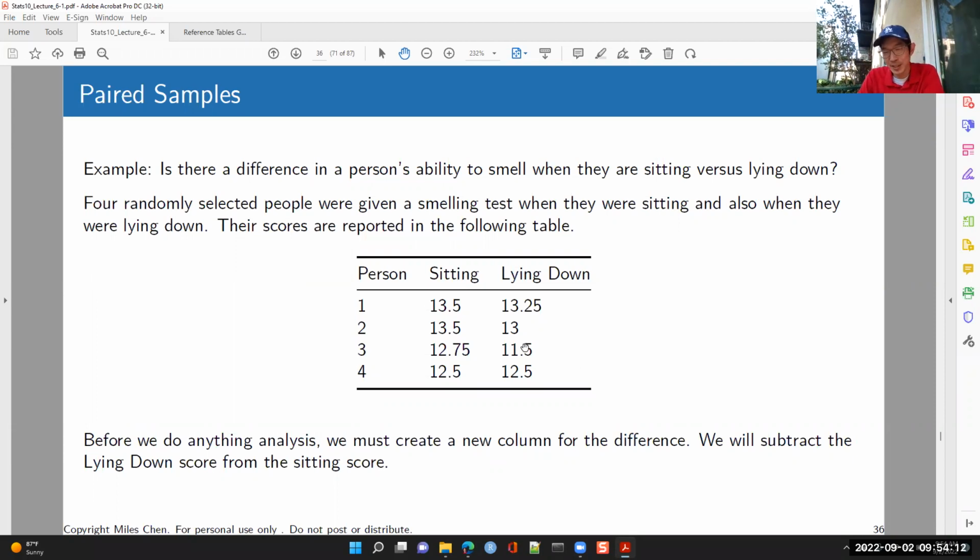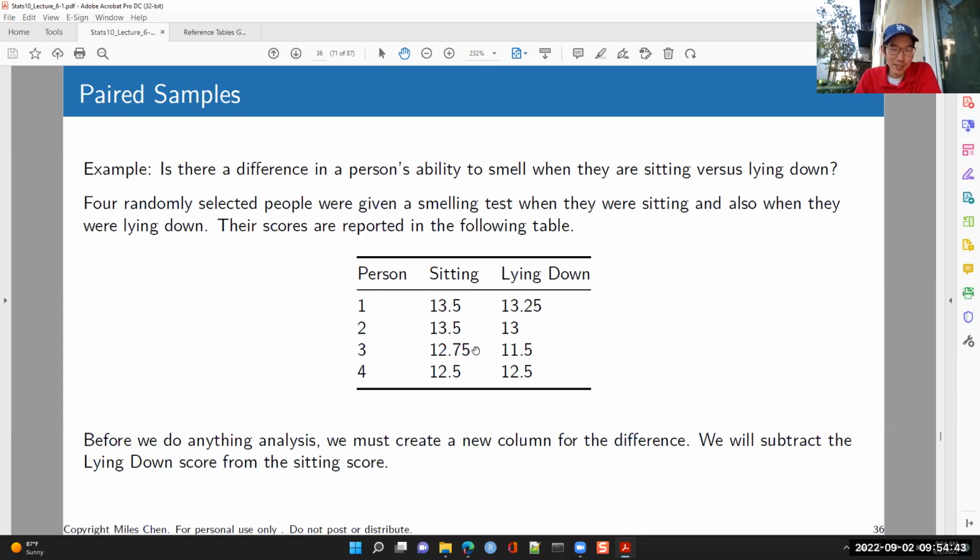They had some kind of test to measure someone's smelling abilities, and I don't know what these numbers even represent, but these are the measurements we got when somebody was sitting upright versus lying down. We recorded these values, and the question is, is there a difference? Does your posture change your smelling ability?